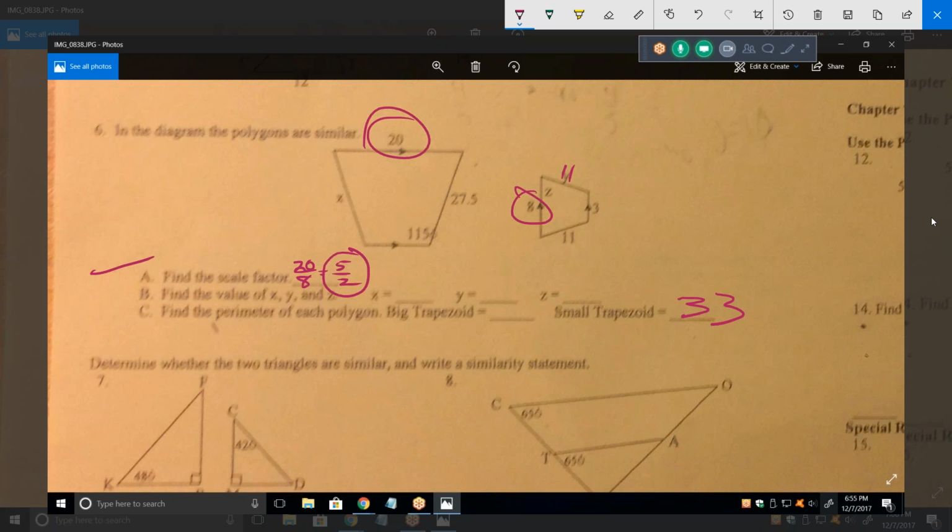What was the perimeter of the little trapezoid? So it's 5 over 2 times 33, which is 165 over 2. Can't simplify that. That's the answer, 165 over 2.